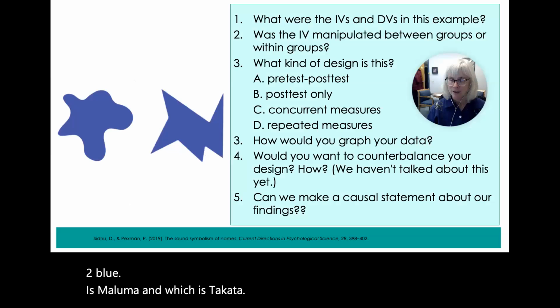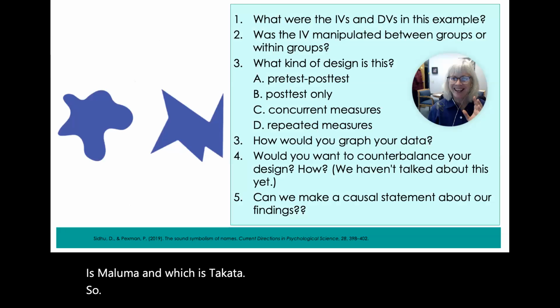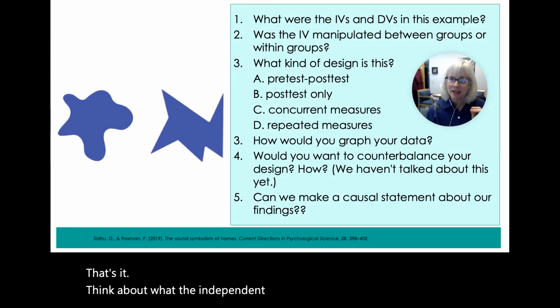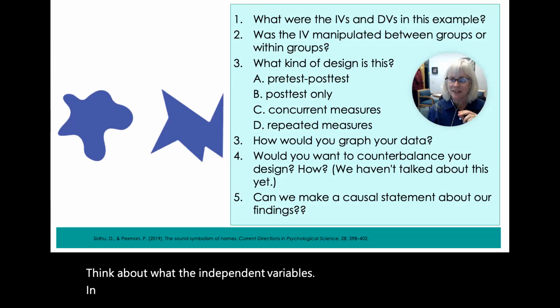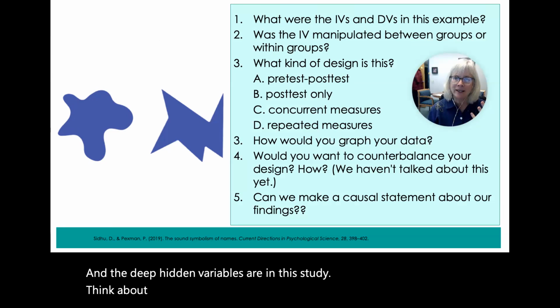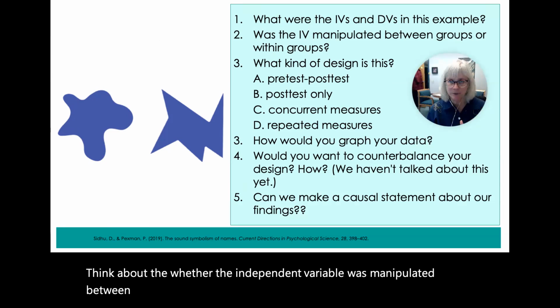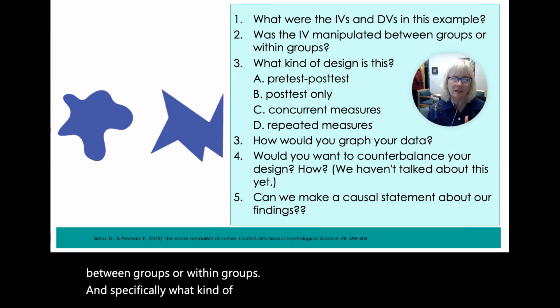So that's it. Think about what the independent variables and the dependent variables are in this study. Think about whether the independent variable was manipulated between groups or within groups, and specifically what kind of design it was.